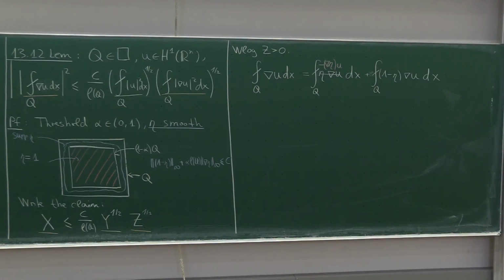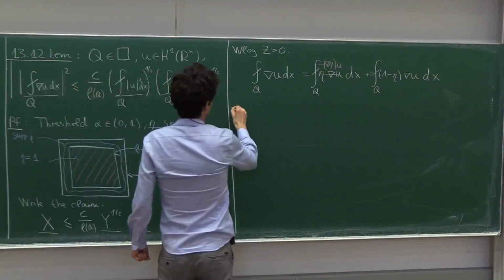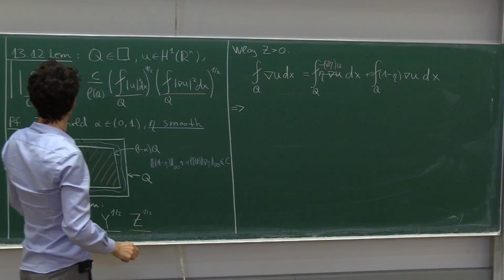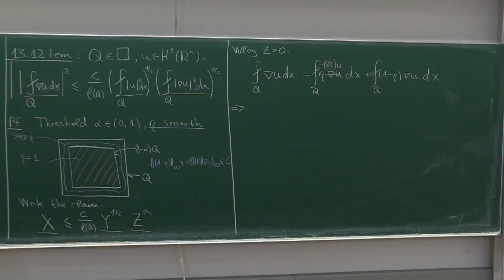Okay, so if I do it like this, then I can take absolute values everywhere. Right, if I do it consistently, then the red thing is the average. So on the left-hand side, I want the absolute value of the average squared. So my inequality should look like this.